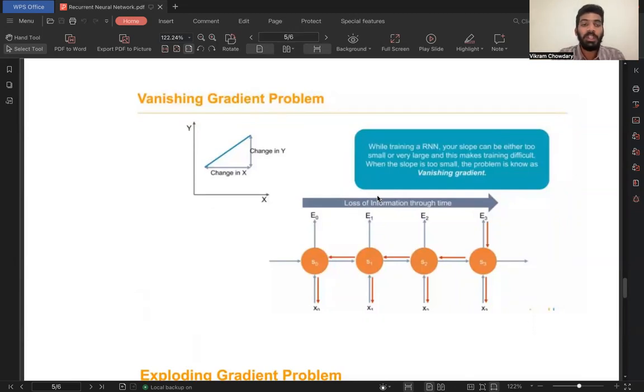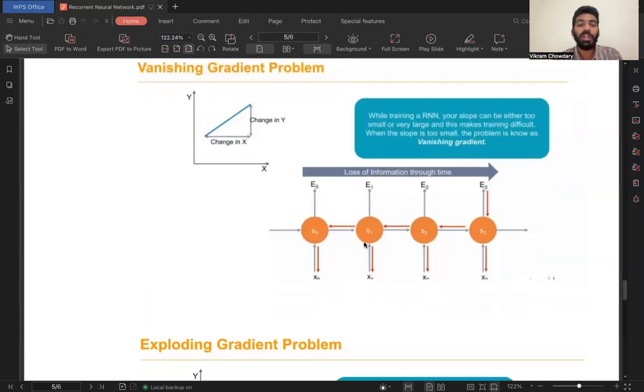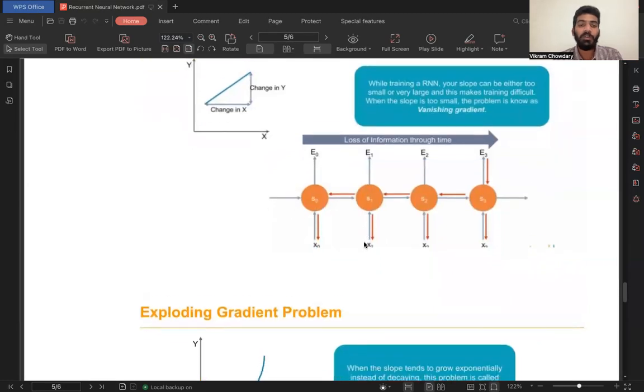RNNs suffer from the vanishing gradient problem, where the gradients carrying information used in the RNN become too small, the parameter updates become insignificant, and this makes learning long data sequences very difficult, which is an issue of standard recurrent neural networks.